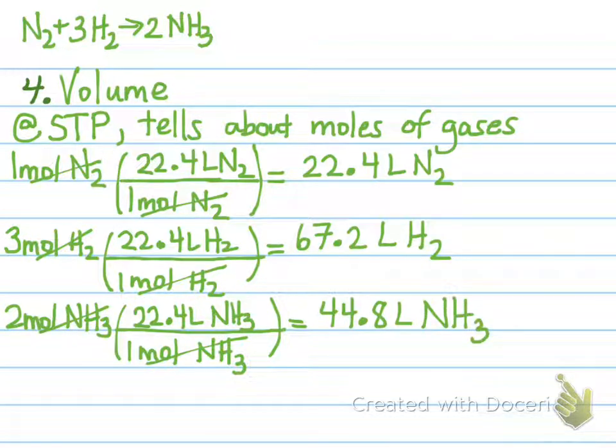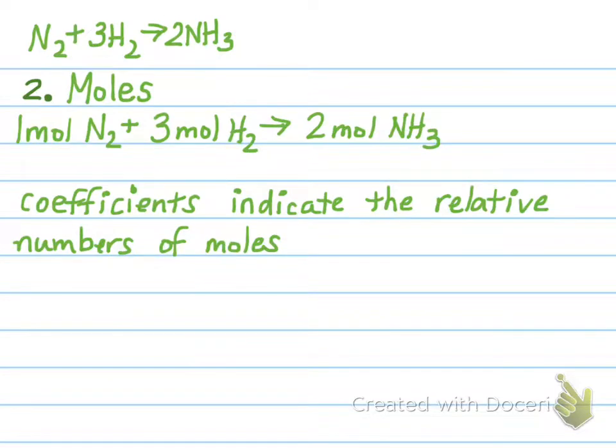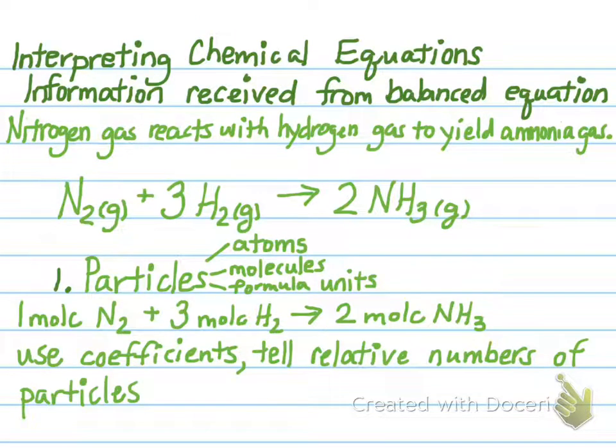Now notice there is no conservation law about volume, okay? But again, on your homework at some point, on a test or quiz, you have a question where it asks you to interpret your chemical equation in terms of volume, and this is what I would like to see. So again, 4 pieces of information that we get from our balanced chemical equation. We get particles using our coefficients.